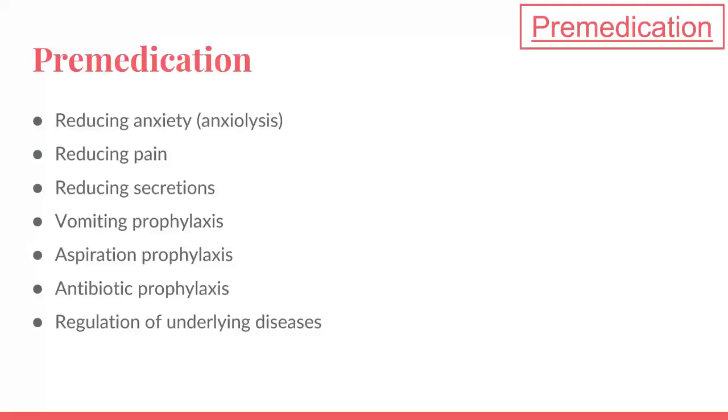with appropriate agents. This slide lists the basic principles of premedication, which include reducing anxiety, reducing pain, reducing secretion, prophylaxis of vomiting, aspiration prophylaxis, antibiotic prophylaxis, and regulation of underlying condition.